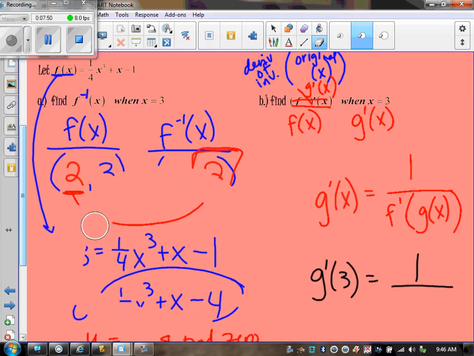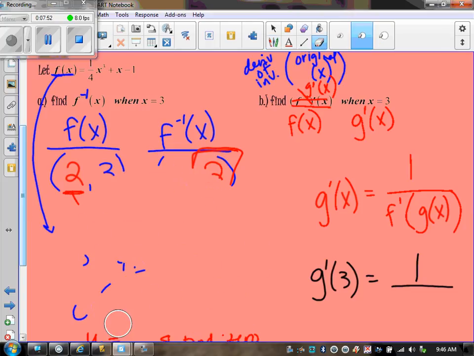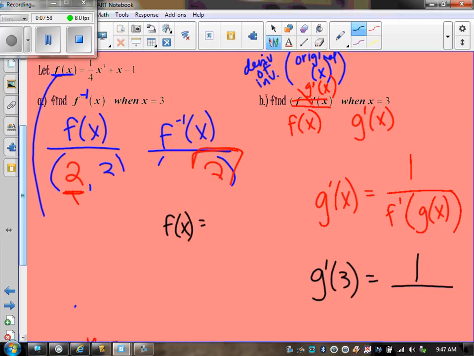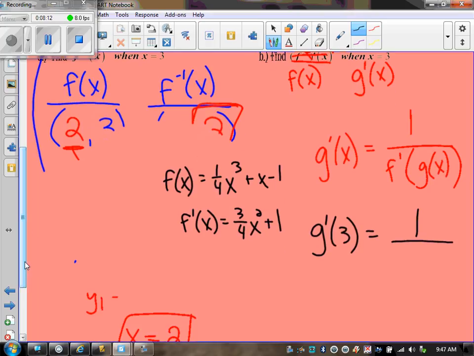I'm going to go ahead and erase this stuff over here. Alright, if f is this function, 1/4 x to the third plus x minus 1, then the derivative of f would be, what, 3/4 x squared plus 1, like that? Okay, and I want that at g of 3.